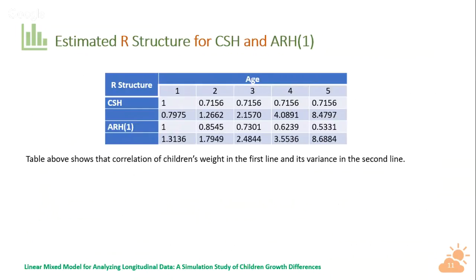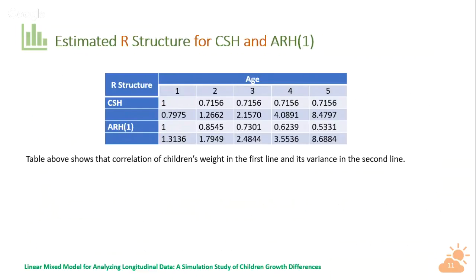Since we know that every data is always best fitted with the unstructured model, we also model the heterogeneous first-order autoregressive data with the unstructured variance covariance.